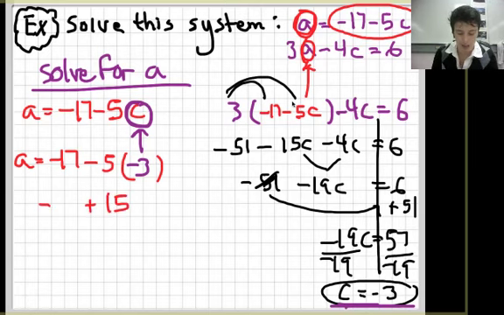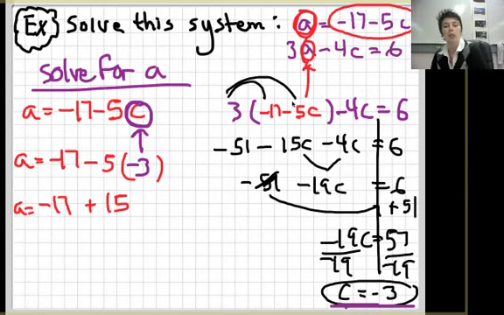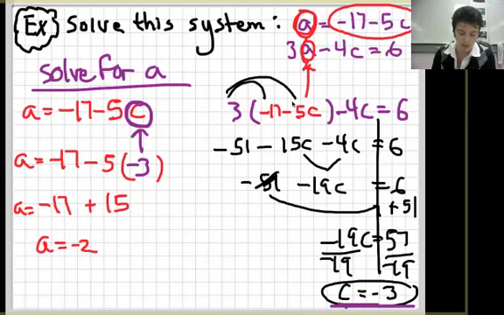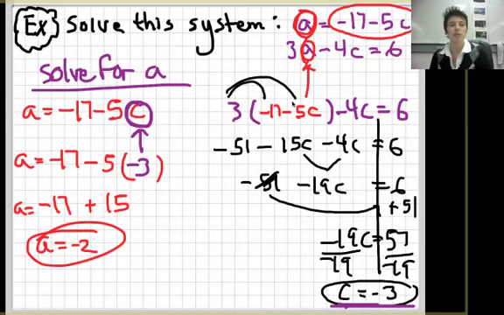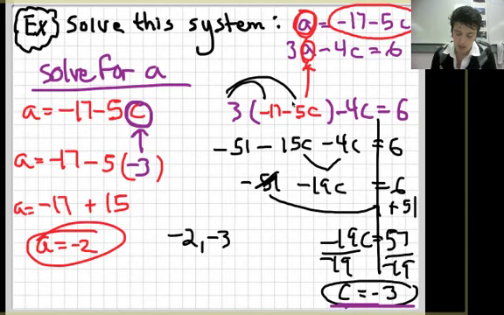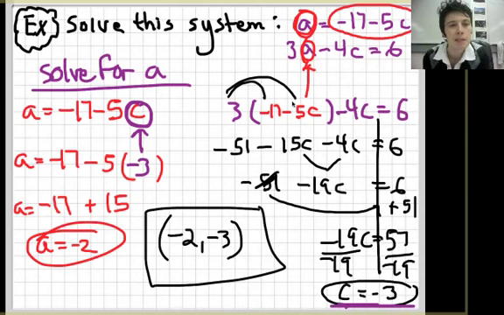So I get A equals negative 17 plus 15, which is going to be negative 2. So A is equal to negative 2. And now I got my two answers, negative 2 and negative 3. That's A and C. So I'm going to write negative 2, comma negative 3, and put it in a little parenthesis. And there's my answer to my system.